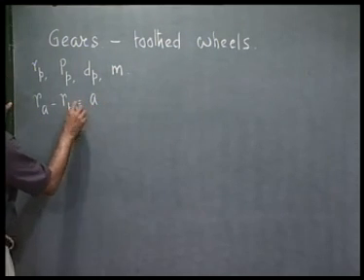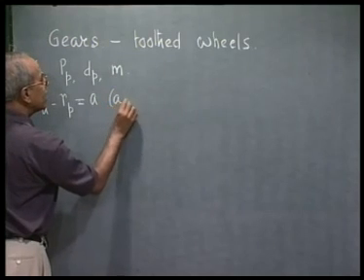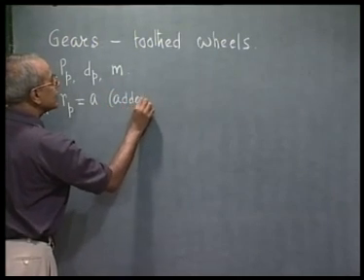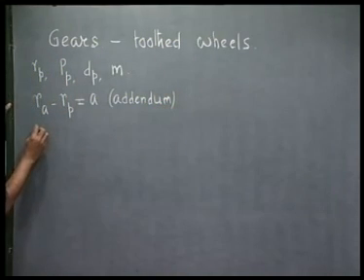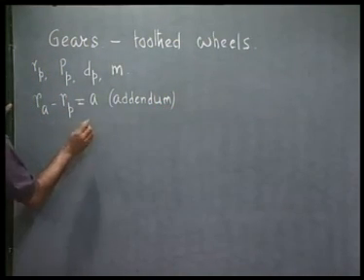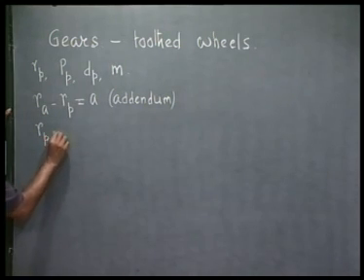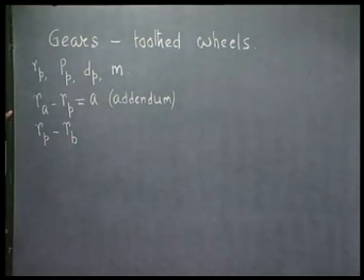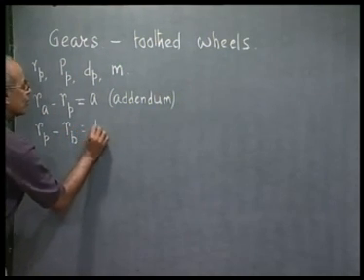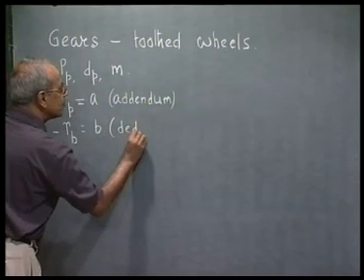We indicate it by the symbol A. A is called addendum. Similarly, we define the dedendum as Rp minus the dedendum circle radius, say Rb. This we call b, and that is what we call dedendum.